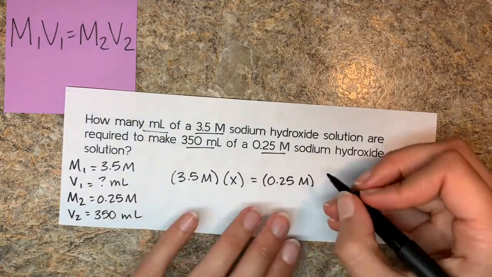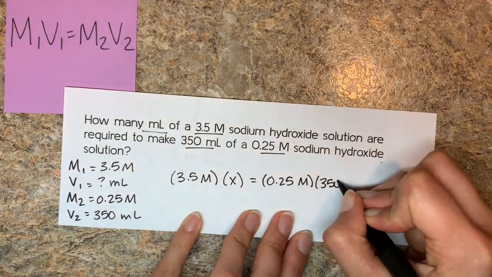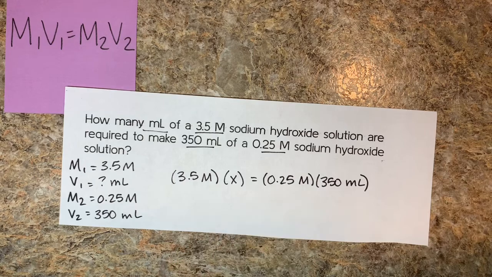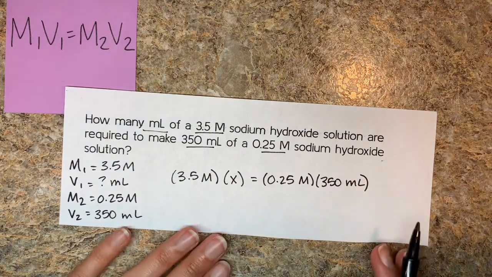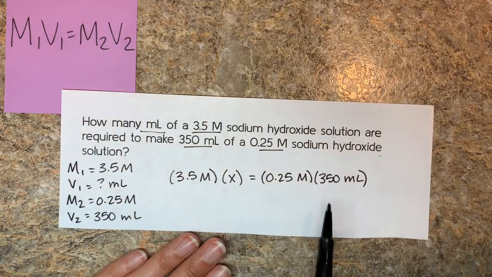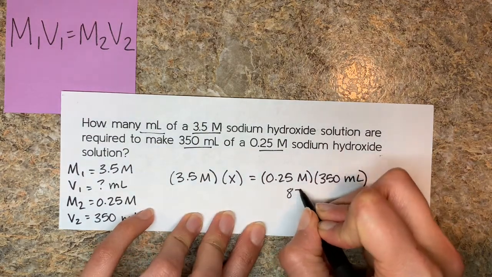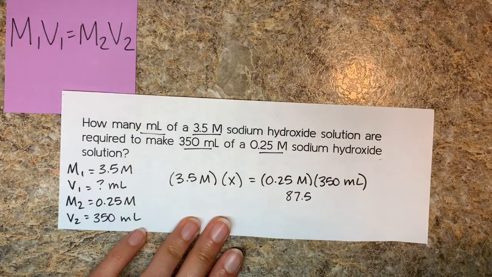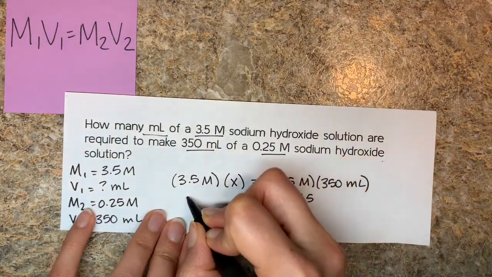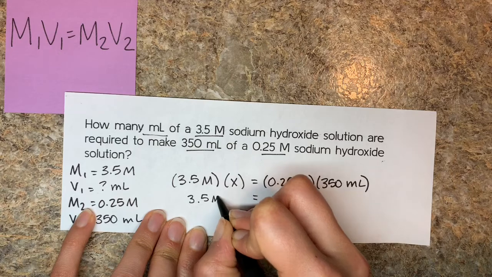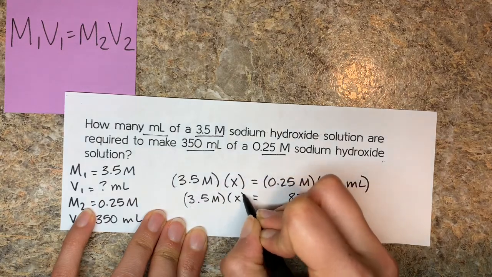My V2 is 350 milliliters. Now I can plug and chug. So I'm going to start by doing 0.25 times 350, and you get an answer of 87.5. So that is equal to my 3.5 molar times X.